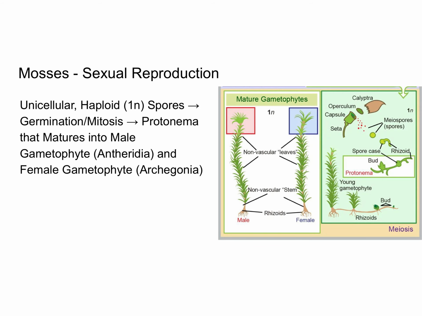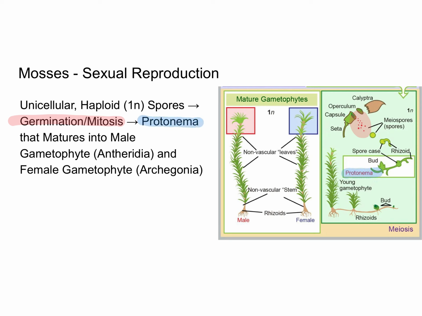Picking up where we left off on the last slide, those unicellular haploid spores are going to be released into the environment, and if they find a suitable place to survive, they will go through germination, which includes mitosis. You can see the spores being released here. It's going to go through mitosis in order to form a larger structure known as the protonema.